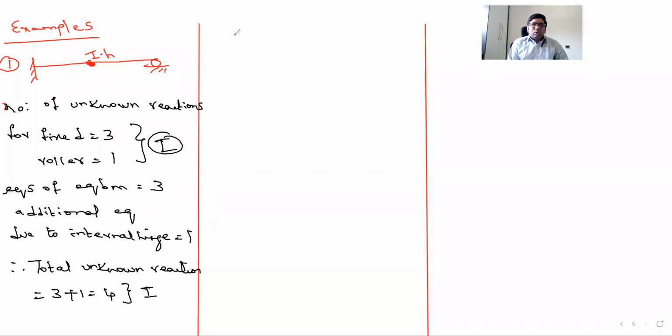And total known equations is the second part, equal to 3 plus 1, that is equal to 4.